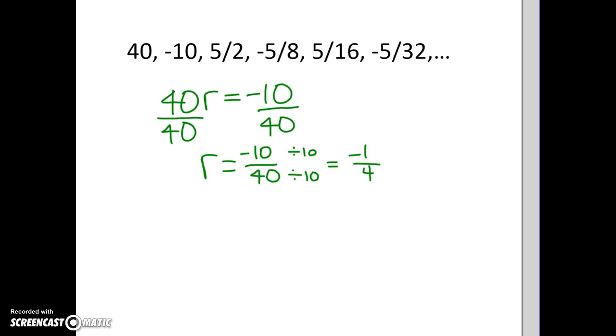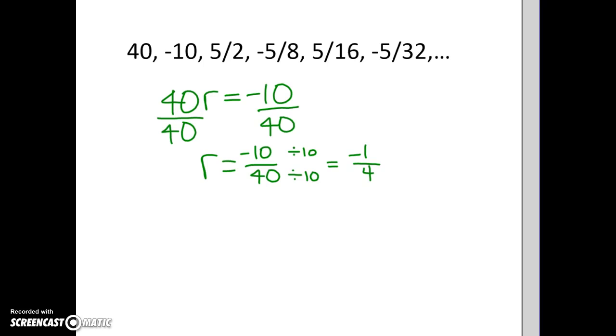And I do need to check to make sure that this is a geometric sequence. So ask myself, is negative 10 times negative 1 over 4 equal to 5 over 2? And then I check the next one. Is 5 over 2 times negative 1 fourth negative 5 eighths?